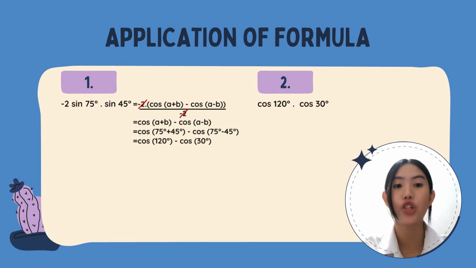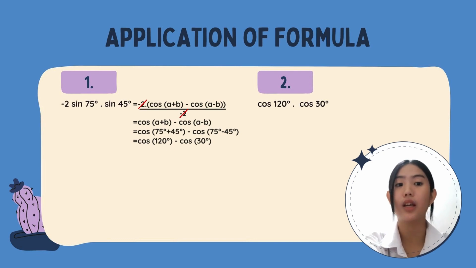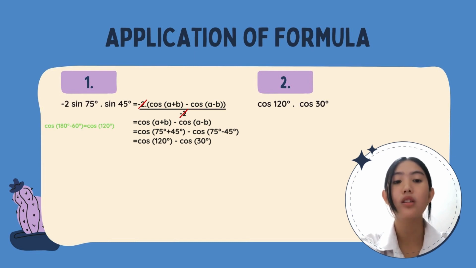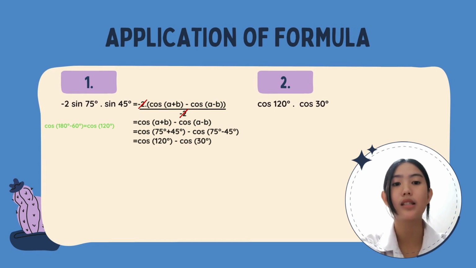And then just change the cos into the value of the angle itself. But since we have 120 degrees here, which is not a special angle, we can use a classic way to find its value by using cos(180 degrees minus what angle is equal to 120 degrees). In this case, the angle that fits is 60 degrees. So we can say that cos 120 degrees is equal to cos 60 degrees.